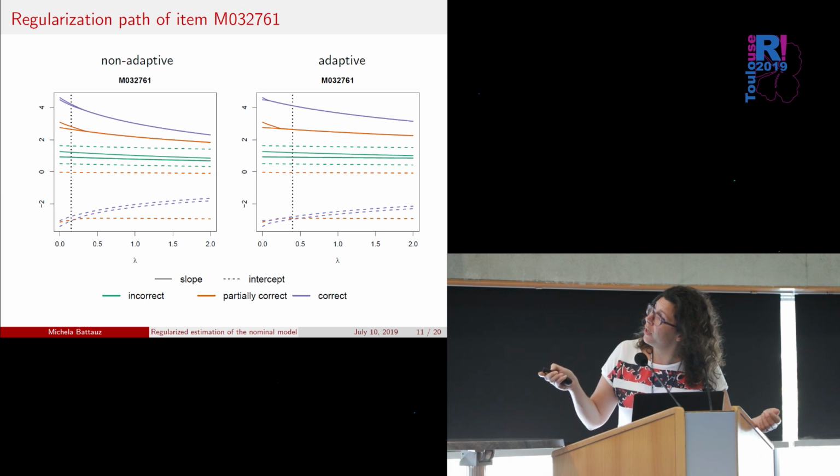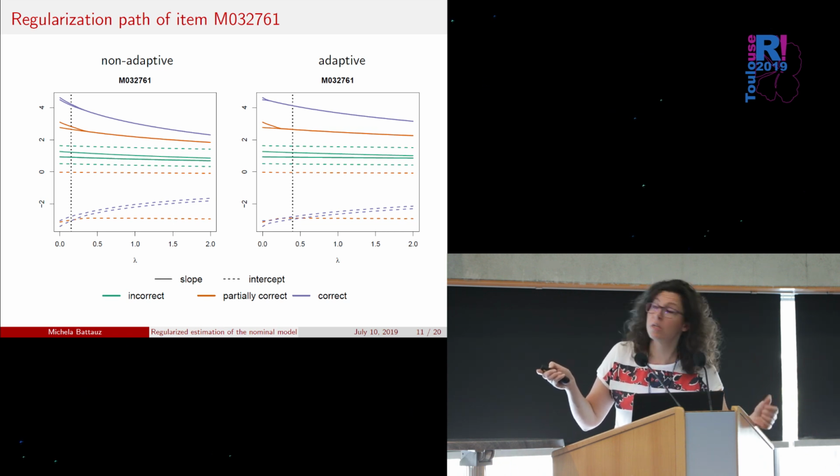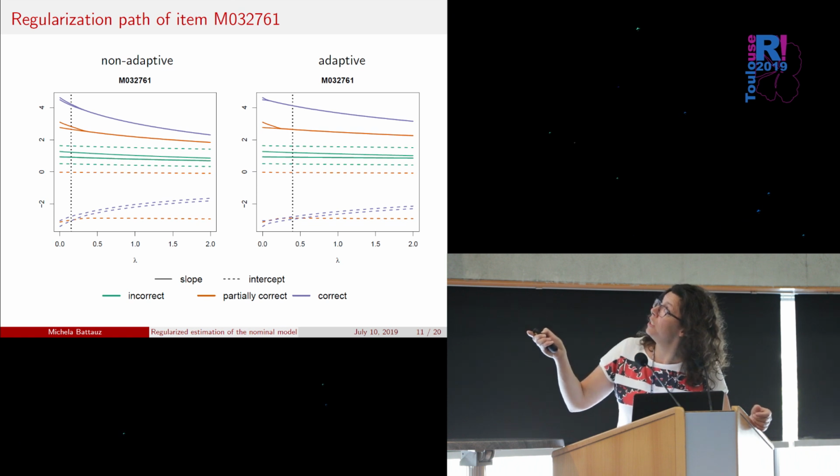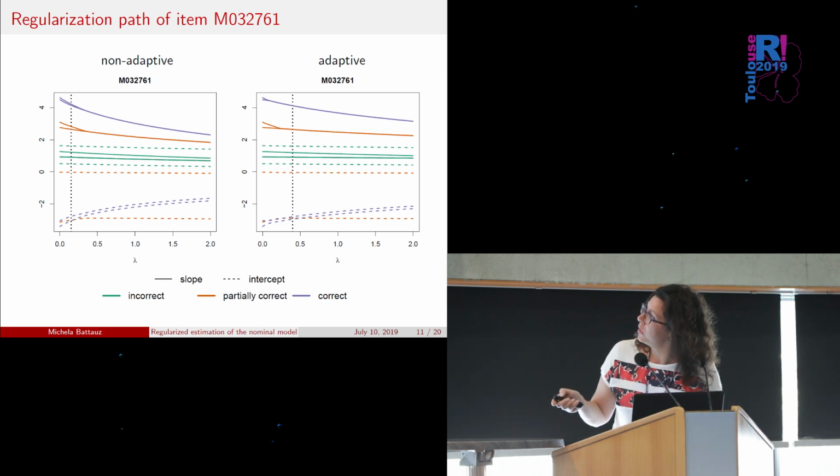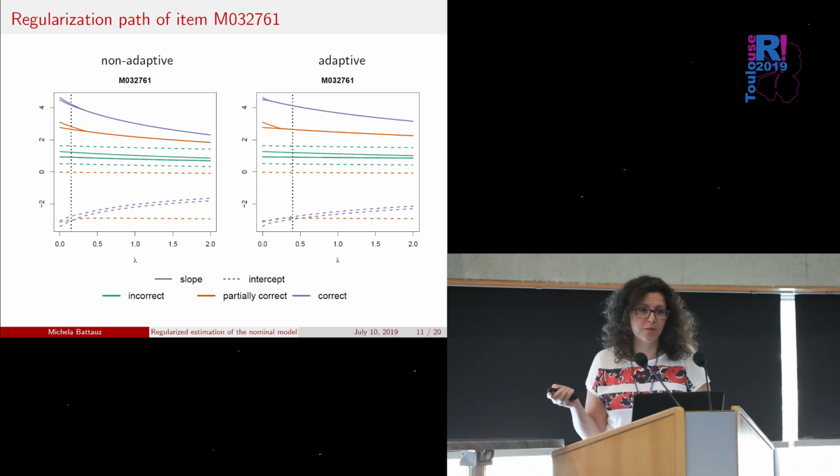However, at the selected value of lambda, using the non-adaptive penalty, none of these categories is fused. Instead, using the adaptive penalty, the two correct and the two partially correct responses are fused. So the adaptive penalty seems more effective in collapsing the responses.